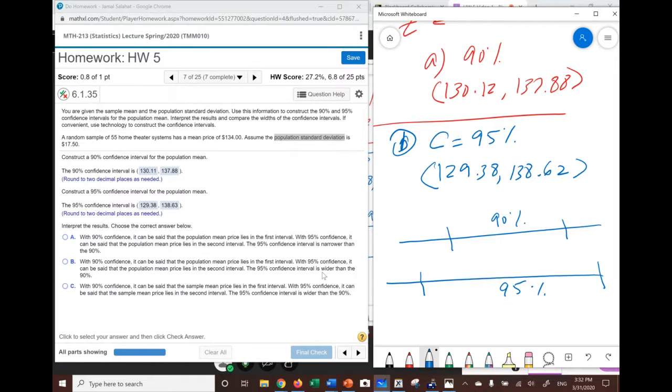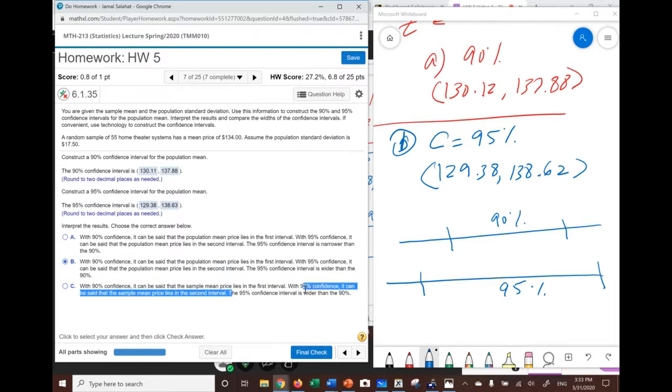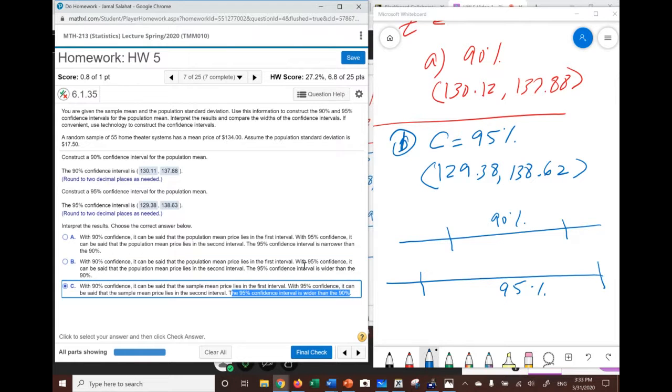Let's read part C. With 90% confidence, it can be said that the sample mean price lies in the first interval. With 95% confidence, it lies in the second interval. Everything is lovely, but there is a problem. Here it says the 95% is wider than the 90, and here it says the 95% is wider than the 90. Both B and C talk about 95 wider than 90, which is correct.